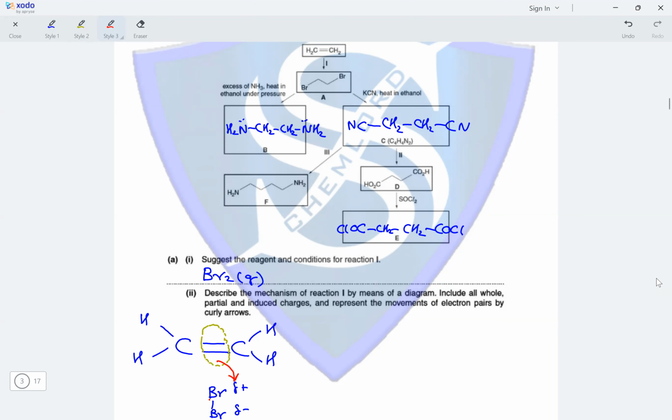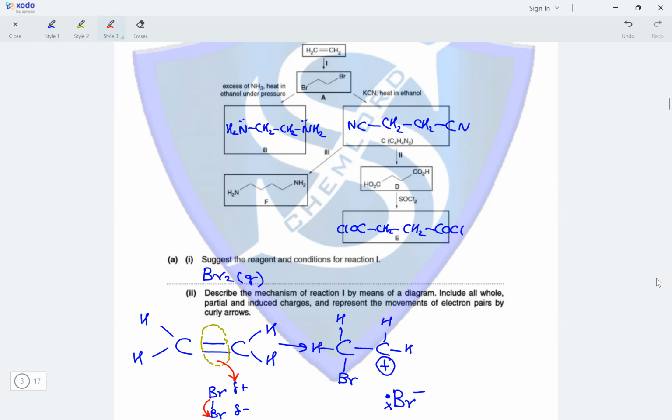This results in the Br-Br bond breaking heterolytically, which results in the formation of a carbocation on which we have one bromine added onto it and a positive charge on the other carbon atom, and we have the production of a nucleophile, which is also a bromide ion.